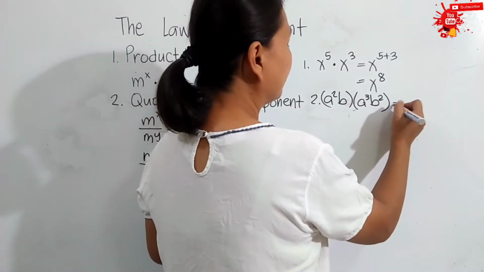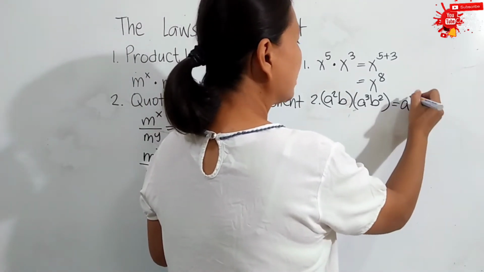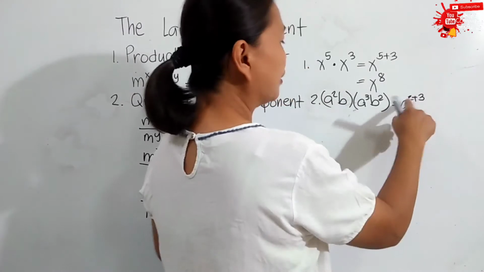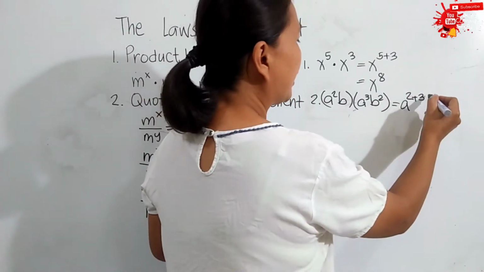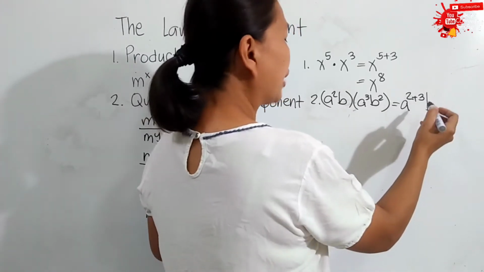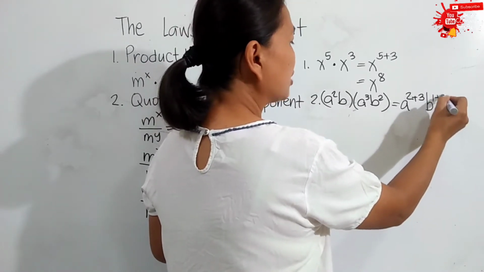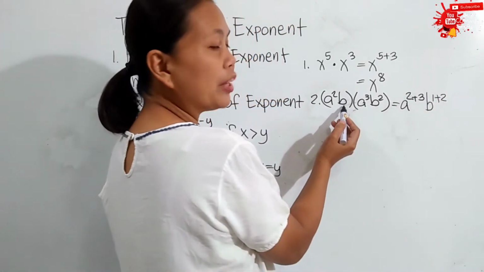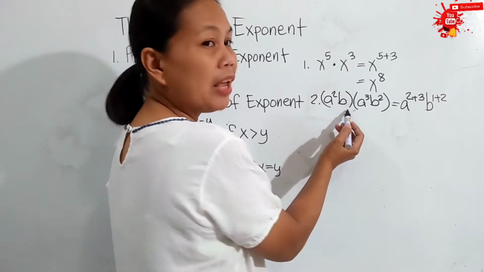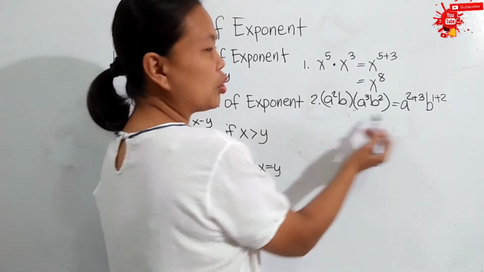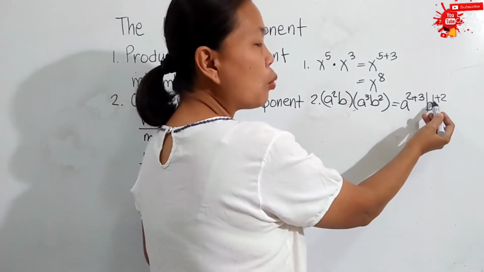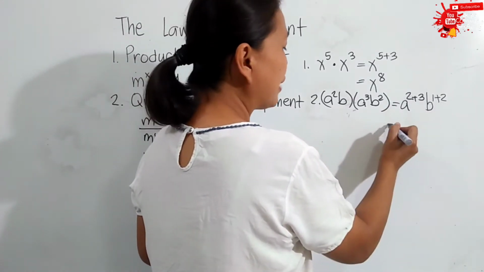So we will have a raised to 2 plus 3 times b raised to 1 plus 2. Take note that if we don't have an exponent here, it means that the exponent is 1. So we will have b raised to 1 plus 2, and then simplify.